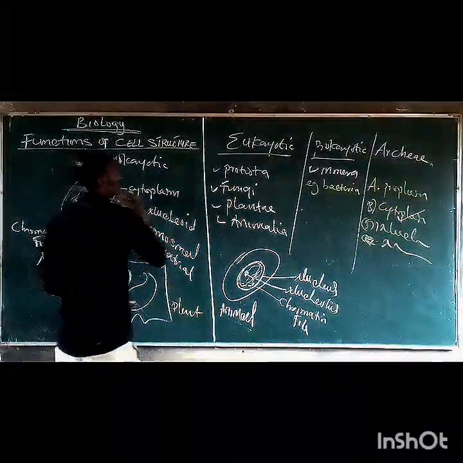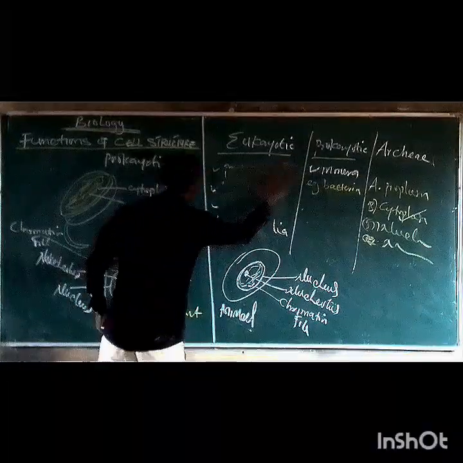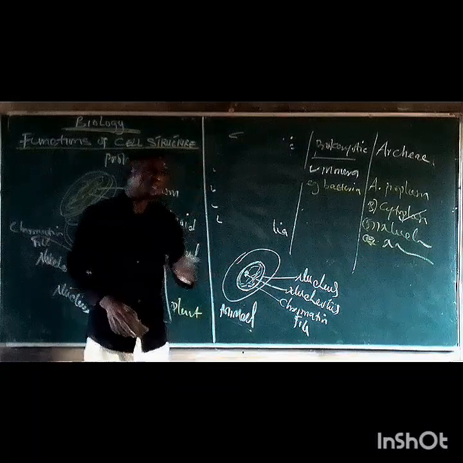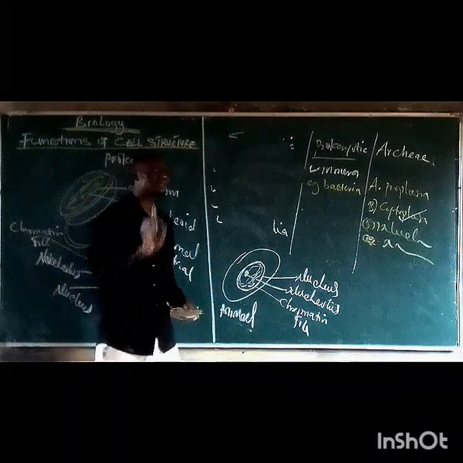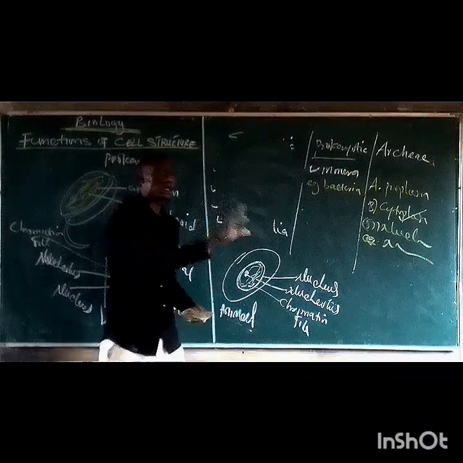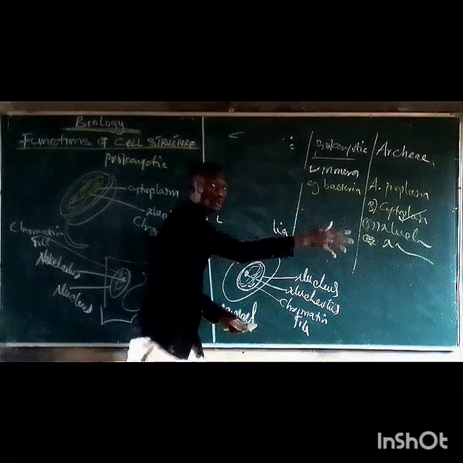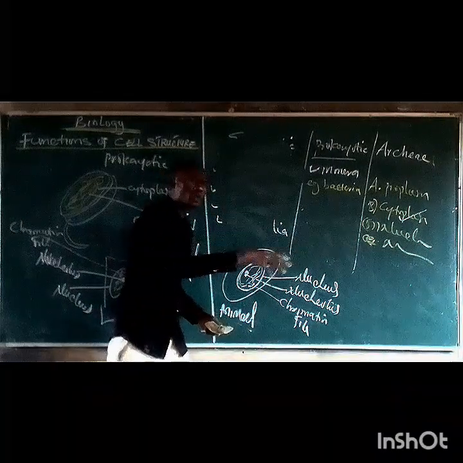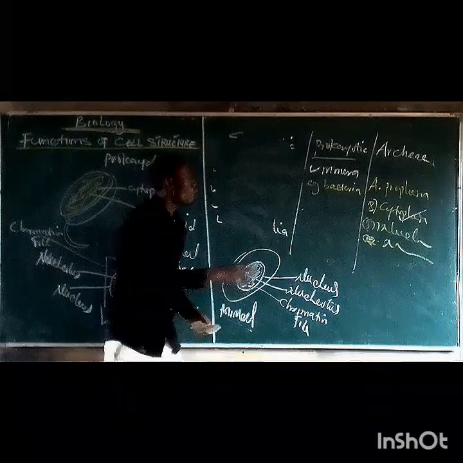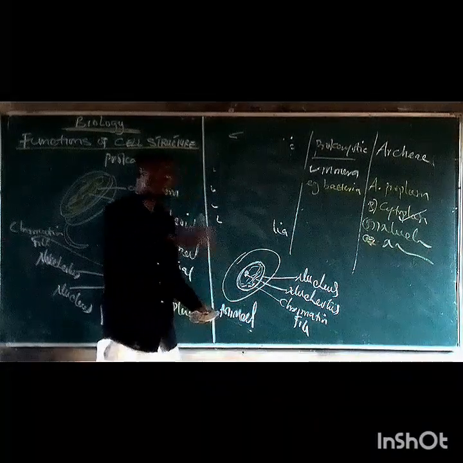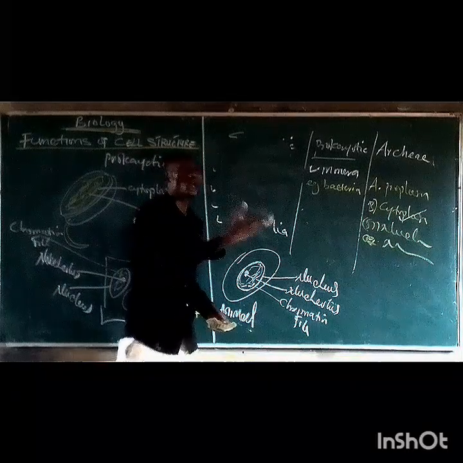Alright? Now we're looking at the structure. Basically, why we go through this route is for you to know that prokaryotic organisms lack a true nucleus. Eukaryotic organisms have a true nucleus. The chromosomal material for eukaryotic organisms is the nucleus, while the chromosomal material for prokaryotic organisms is the nucleoid.